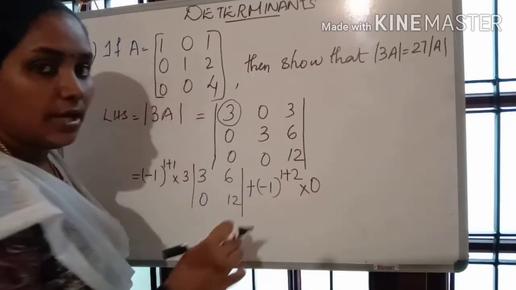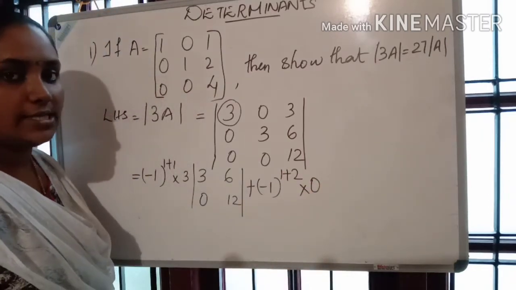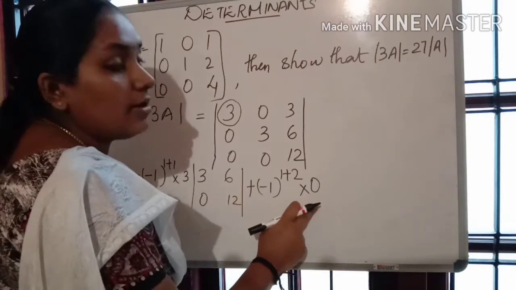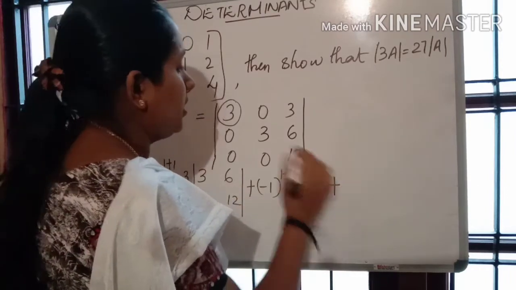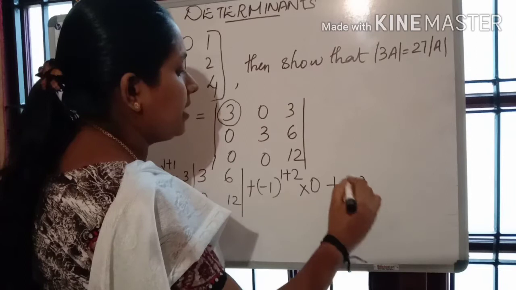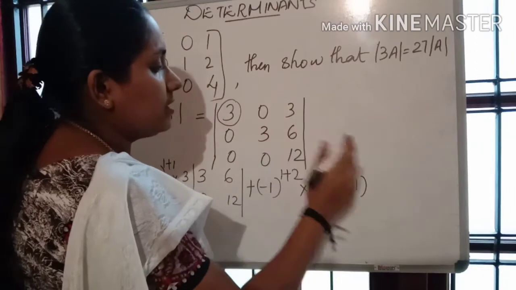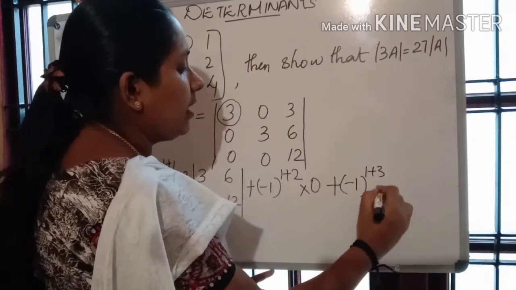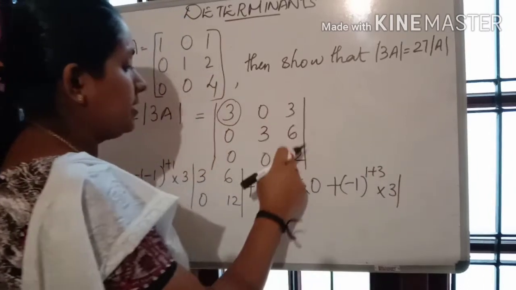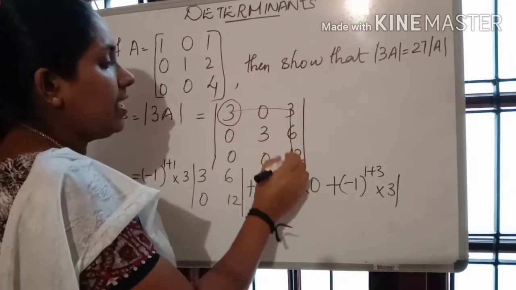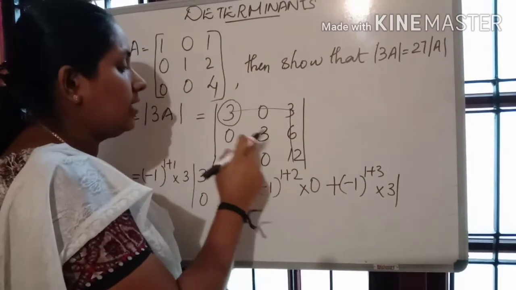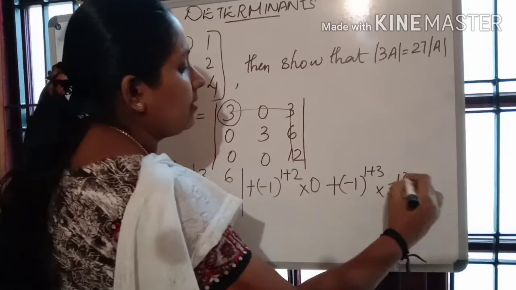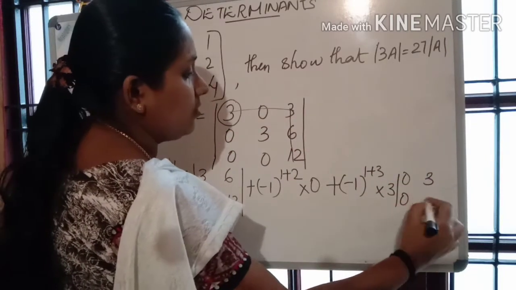0 into anything will give the answer 0, so the middle term will be 0. Next we can consider minus 1 power 1 plus 3 into 3. We just eliminate the first row and third column, remaining 0, 3, 0, 0.